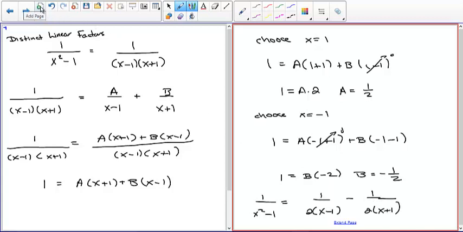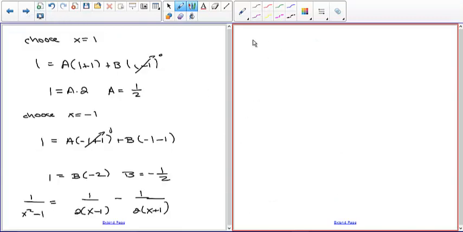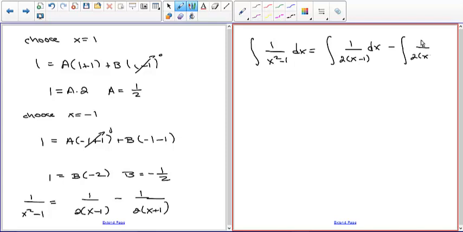So when I look at integrating it, I can say the integral of 1 over x squared minus 1 dx is the same as the integral of 1 over 2 times x minus 1 dx, minus the integral of 1 over 2 times x plus 1 dx.